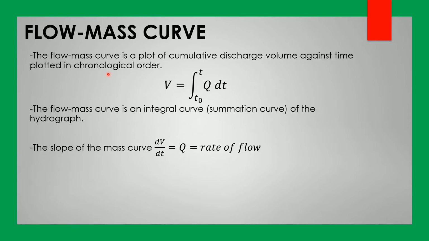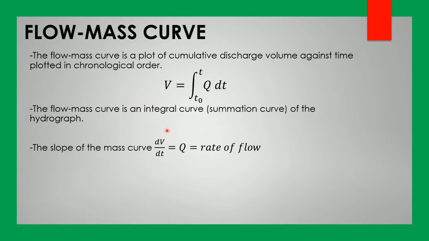Flow mass curve. The flow mass curve is a plot of the cumulative discharge volume against time, plotted in chronological order. The ordinate of the mass curve, V at any time t, is given by the formula, where t0 is the time at the beginning of the curve and Q is the discharge rate.